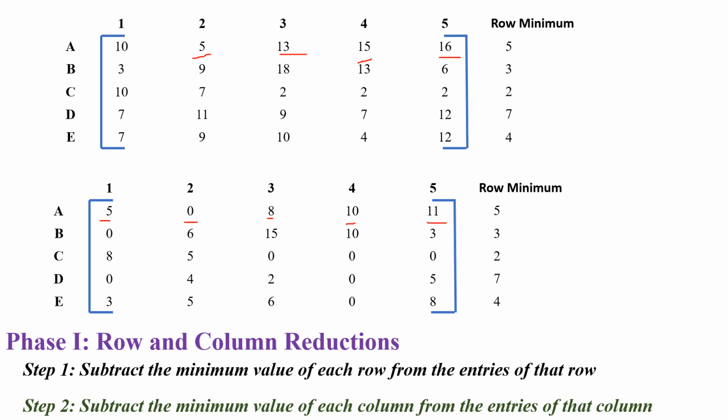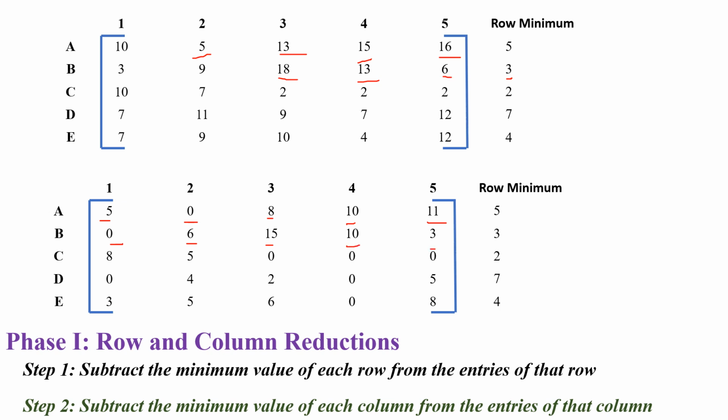Next we look at the second row. In the second row, minimum value is 3. Then subtract this minimum value 3 from the second row entries, that is 3 minus 3 equals 0, 9 minus 3 is 6, 18 minus 3 is 15, 13 minus 3 is 10, 6 minus 3 is 3.